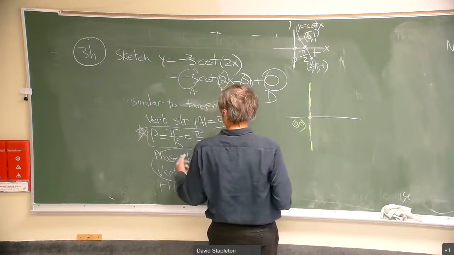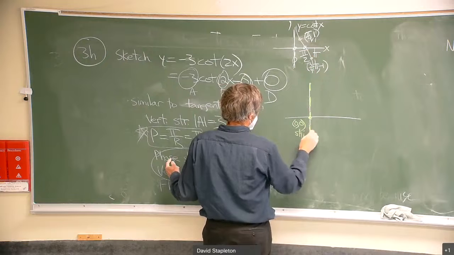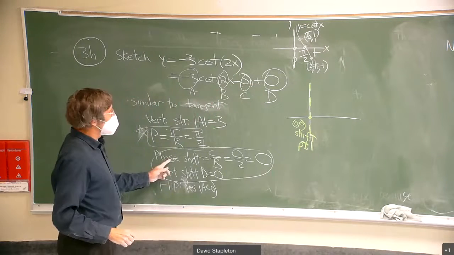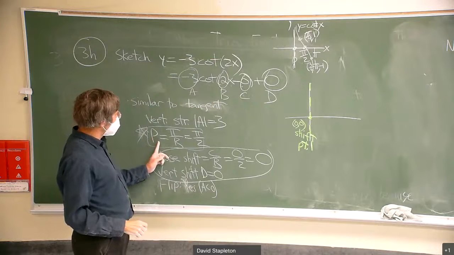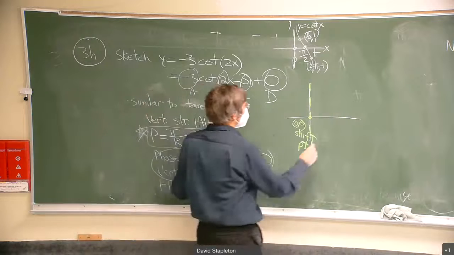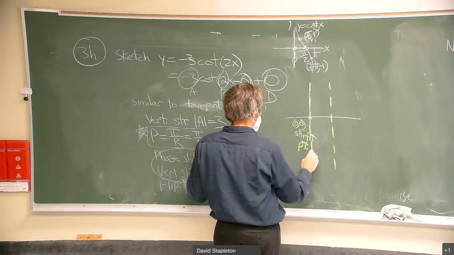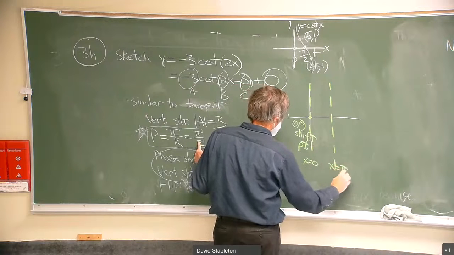Now, once you've got the shift point plotted, you go over one period to plot another asymptote. All right, period is pi over 2, so I'll just draw another asymptote here. And if this is at x equals 0, this is one period over, pi over 2.